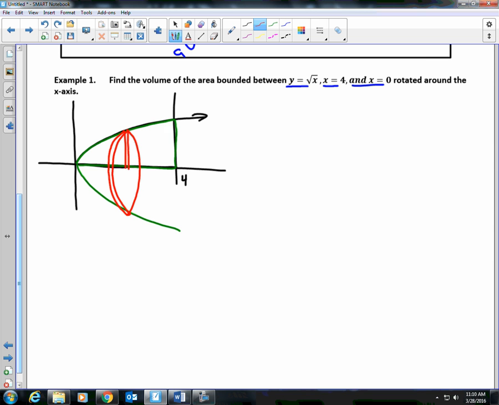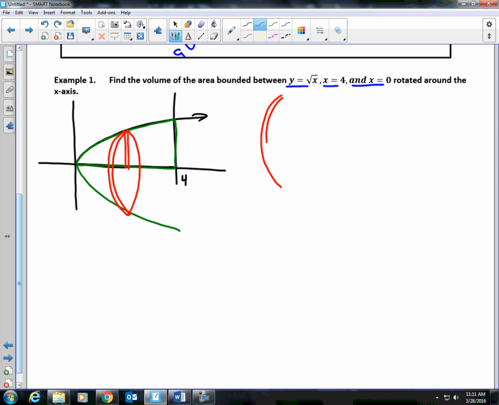And when we spin that rectangle around, what shape do we get? Hint, it starts with a D, a disc. I breathe a sigh of relief because I know how to find the volume of a disc. I take that disc and I'm going to place it over here.